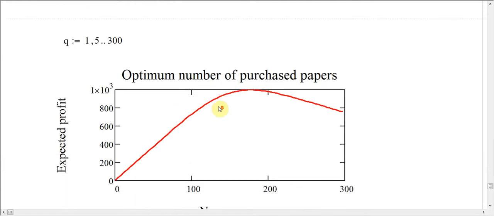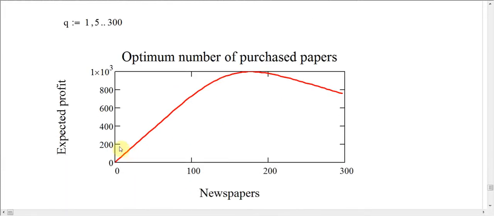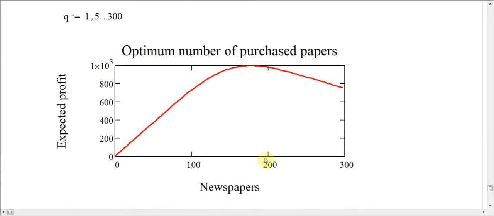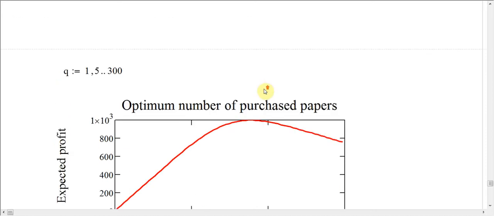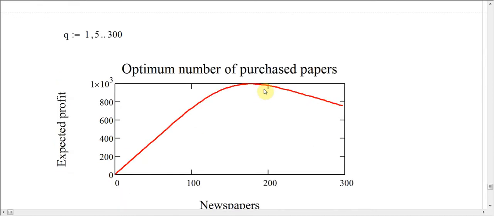Here is a plot of the expected profit as a function of the number of newspapers. We see that if we order too few newspapers, say something like 50, the profit is quite low. As we keep ordering more and more, the profit increases and reaches the optimum value somewhere around 170 something.